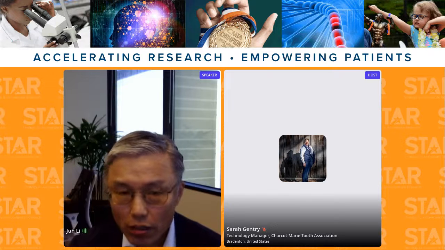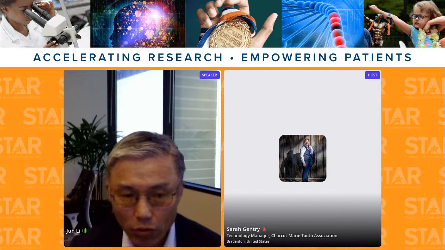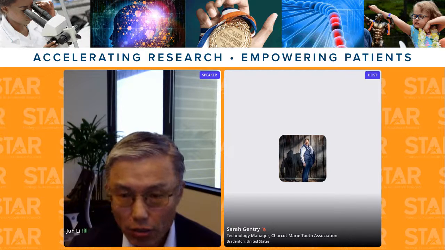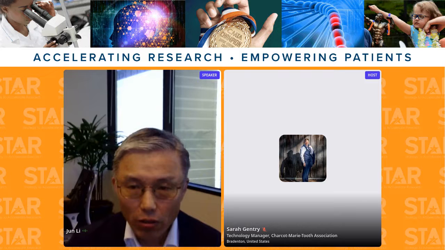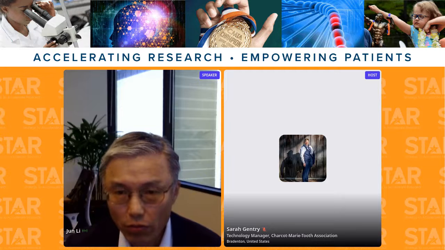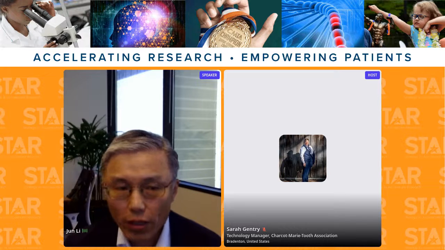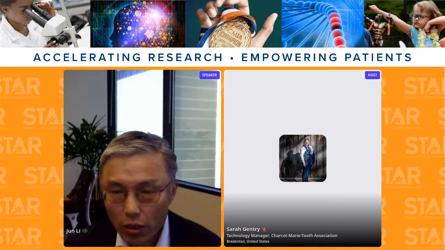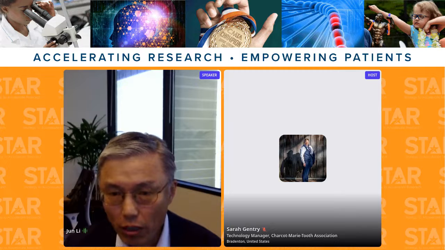Yes. Just for those in the audience who are not familiar with CMT4J, it is caused by recessive mutations involving a gene called FIG4, spelled F-I-G, number 4. When that happens, the human cells either express the FIG4 protein minimally or not at all.